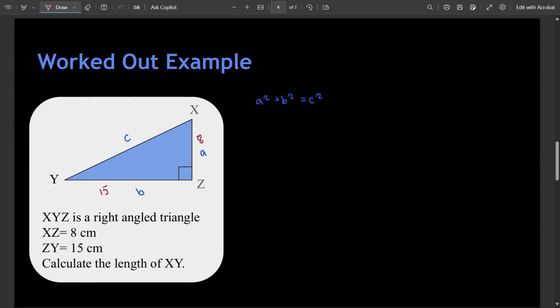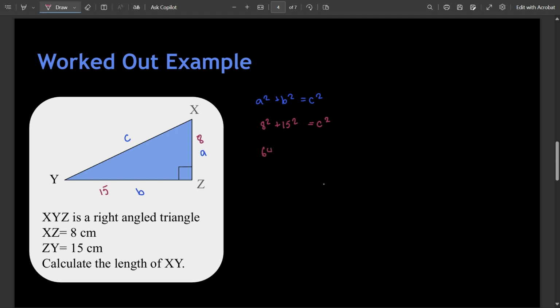So all we need to do to solve a question like this is plug in our values into the formula. So A is 8, so 8 squared, plus B, which is 15, 15 squared, is equal to C squared, because we're trying to find C. Now let's get our values for these numbers.